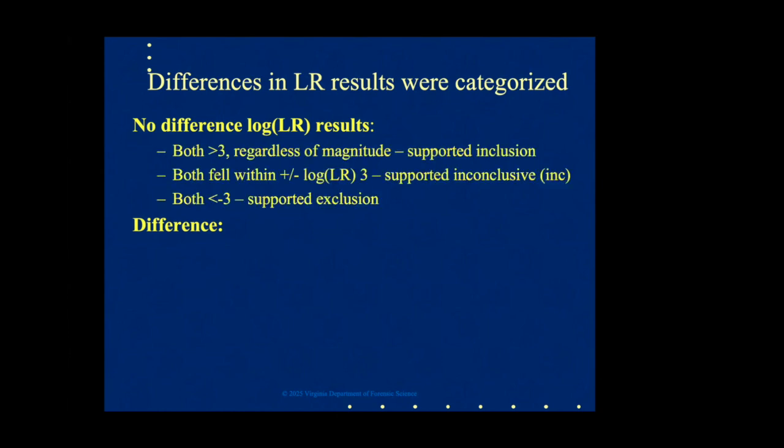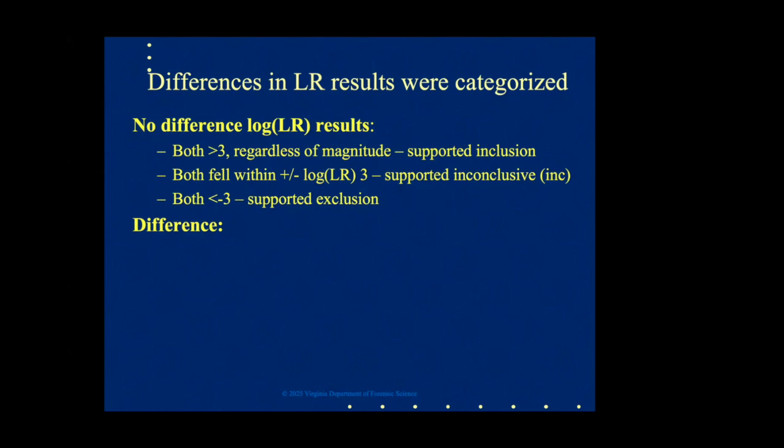For the purposes of this study, and in line with our lab criteria for drawing conclusions, the differences in likelihood ratio results were categorized. It was categorized as no difference in the log LR results if, next, both log LR results per contributor, for both TrueAllele and STRmix, were greater than 3, or 1,000 times more likely, regardless of the magnitude, because it supported an inclusion.